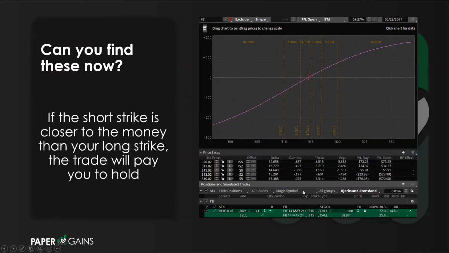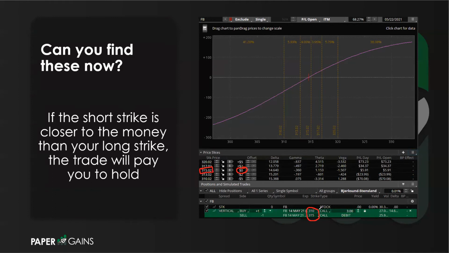Nothing more to it. This one, so 310, this is yesterday or last night. Last night, Facebook closed at 315. Perfect. Okay, so this is a $5 wide spread, so remember, shorter spreads, tighter spreads. This is $5 wide for a shorter period of time, 1 week, do better for short dated options. 310 to 315.